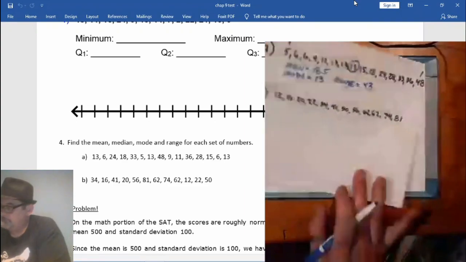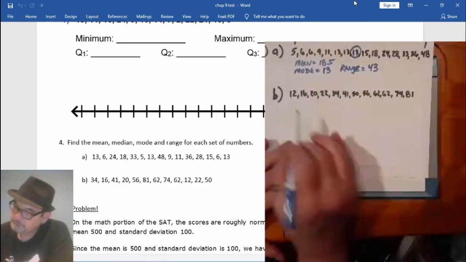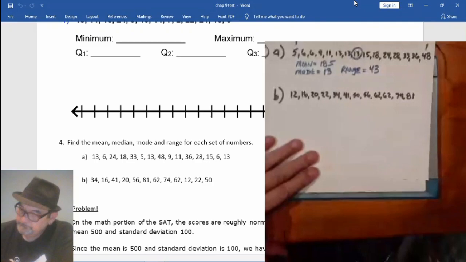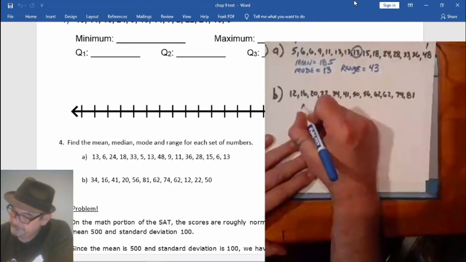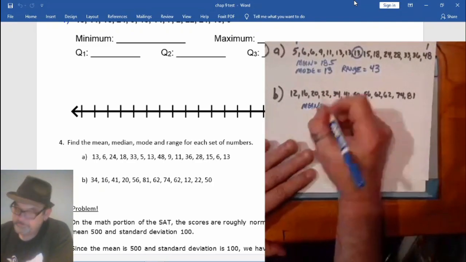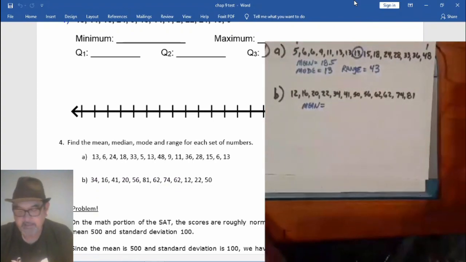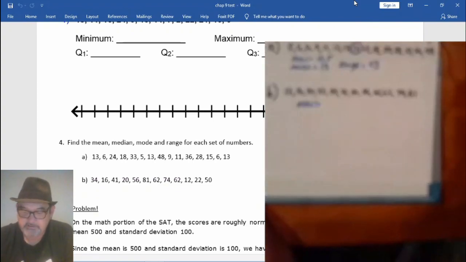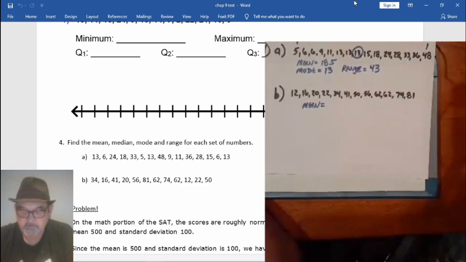Let's look at letter B here. So again, I put these in order. Mean, the average, bust out the calculator, add all the numbers together: 12 plus 16 plus 20 plus 22 plus 34 plus 41 plus 50 plus 56, 62 plus 62 again, plus 74 plus 81.